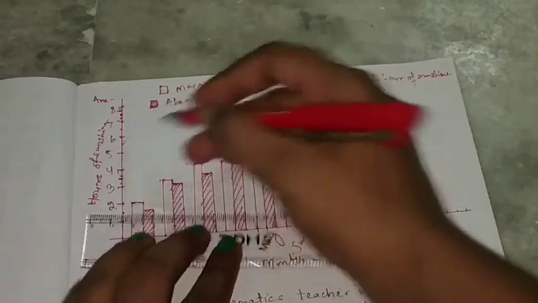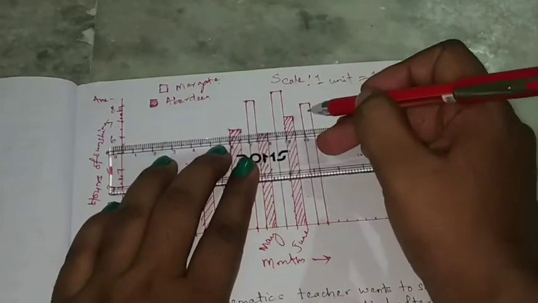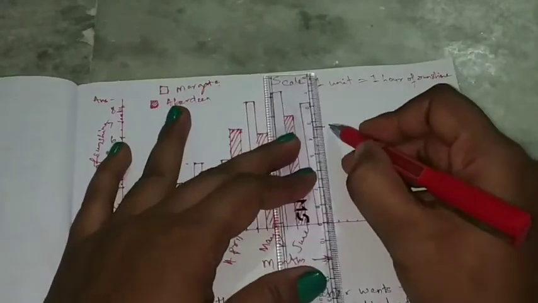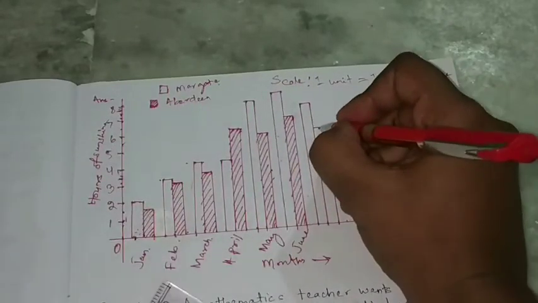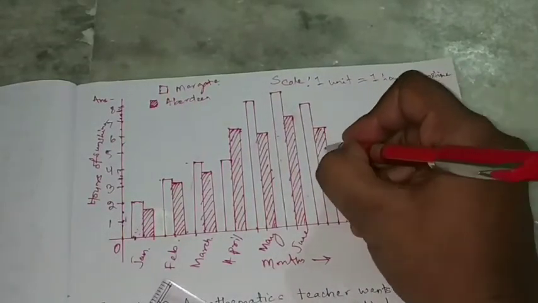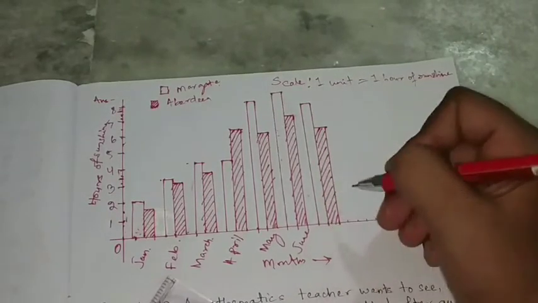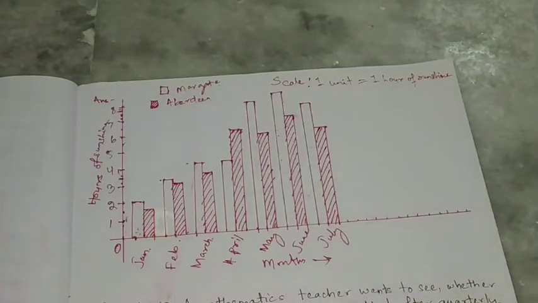So where is 5.5 hours? Here. So just mark it like this and join this and mark this one with the same type of slash. This is July.